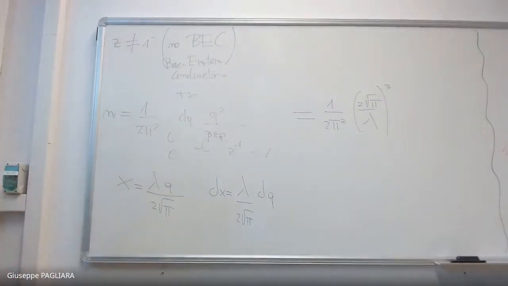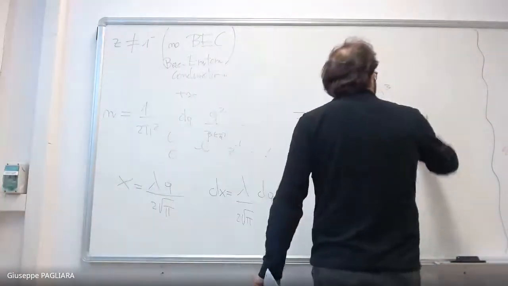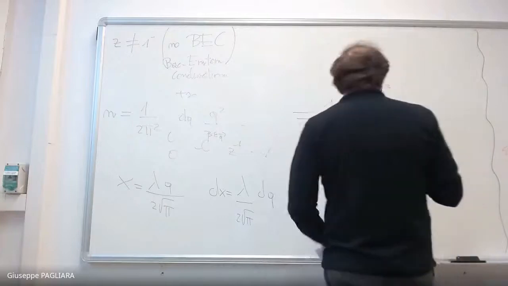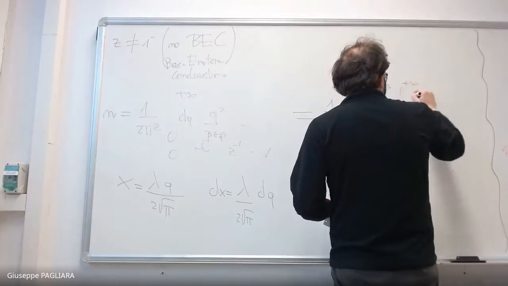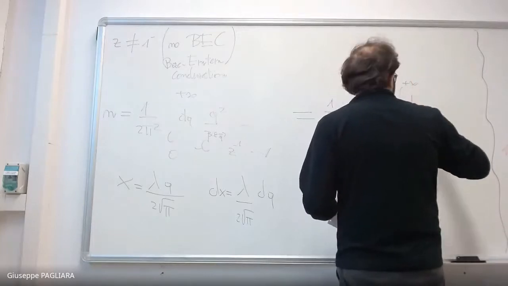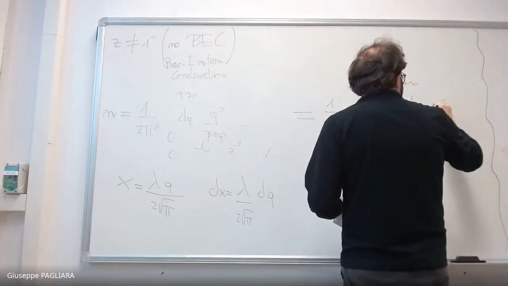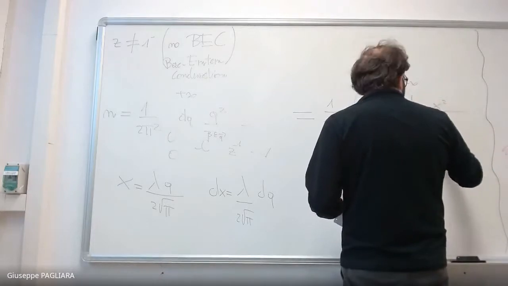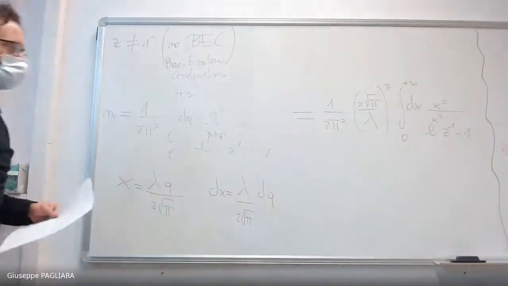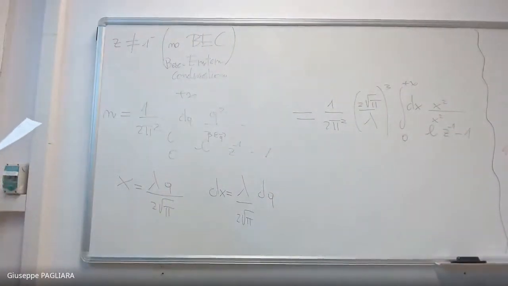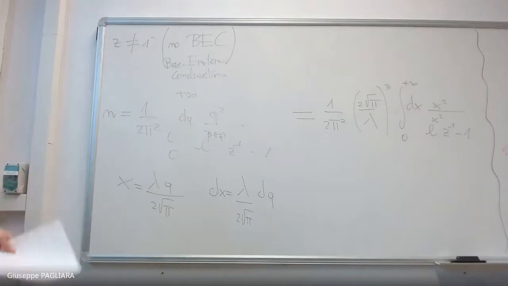And then I have the integral from 0 to plus infinity on the variable dx now of x squared divided by exponential of x squared z minus 1 minus 1.